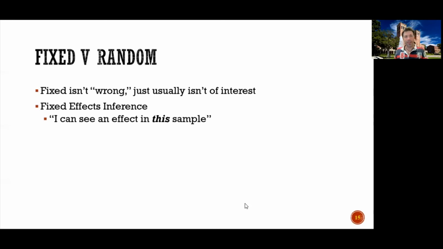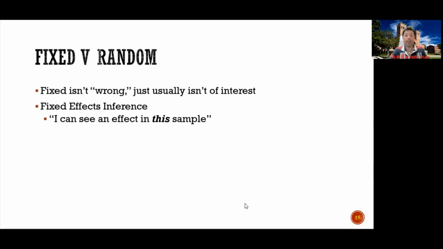The problem with the fixed effects is that usually what you want to do is extrapolate to a non-sampled population. In order to do that, you have to incorporate in the uncertainty of your analysis the fact that you're aware that you picked 20 participants for your fMRI experiment, but the mean effect in each of those participants is in and of itself a random variable.